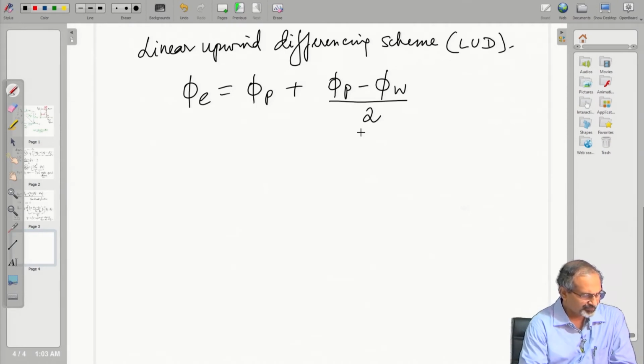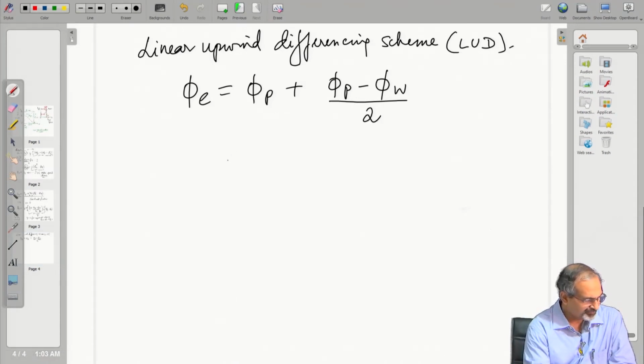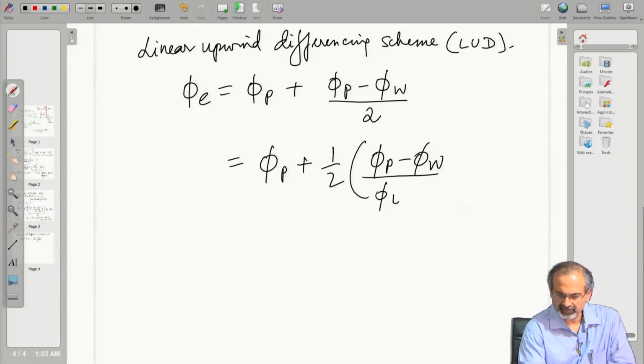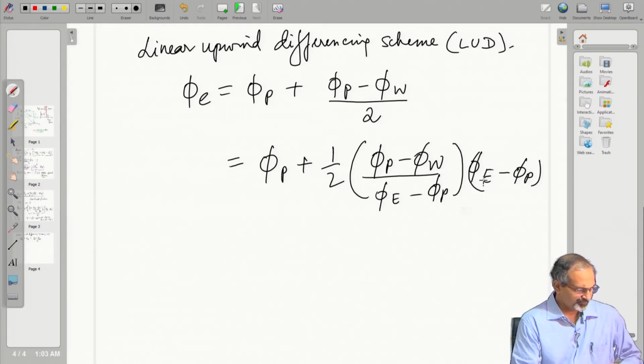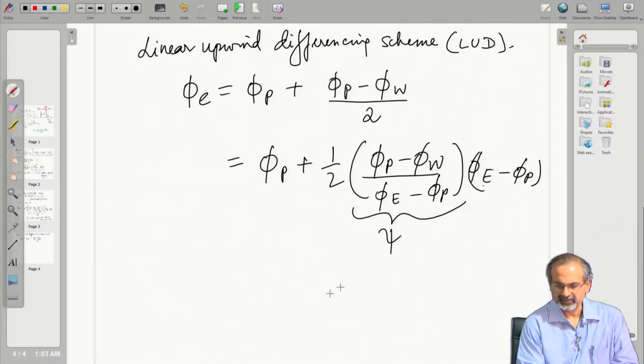So, you can work it out later on yourself and try to check for yourself that this can work out as phi p plus half of phi p minus phi w by phi e minus phi p into phi e minus phi p. All right. So, we have an expression for psi for the linear upwind difference scheme this way.